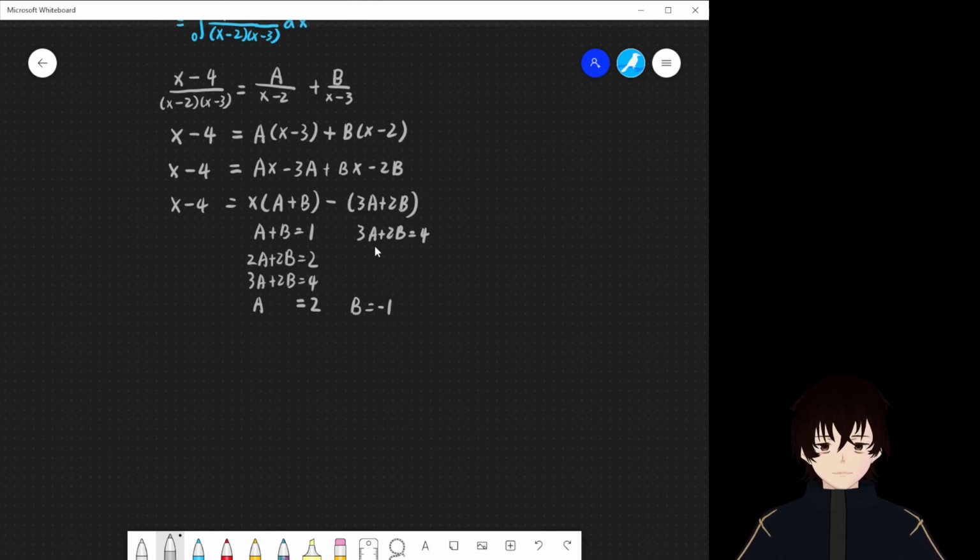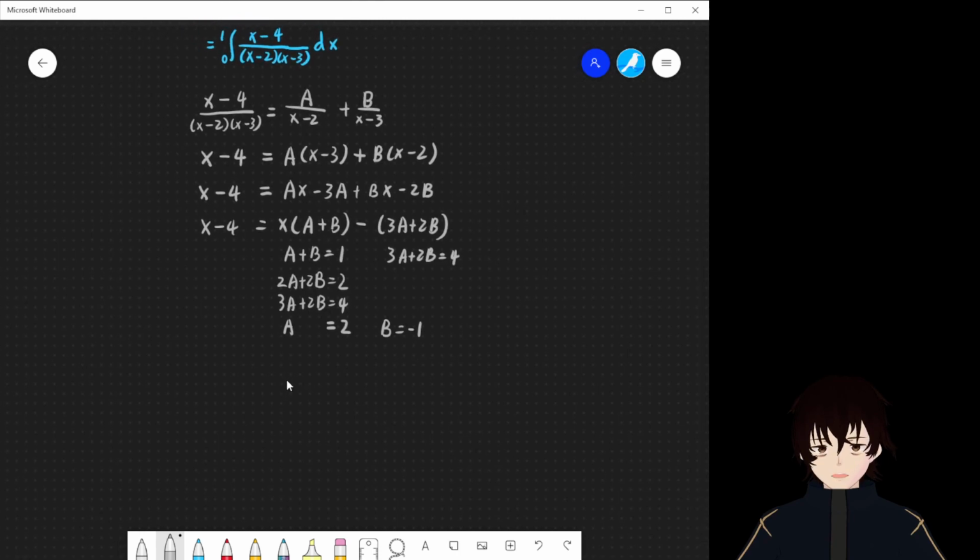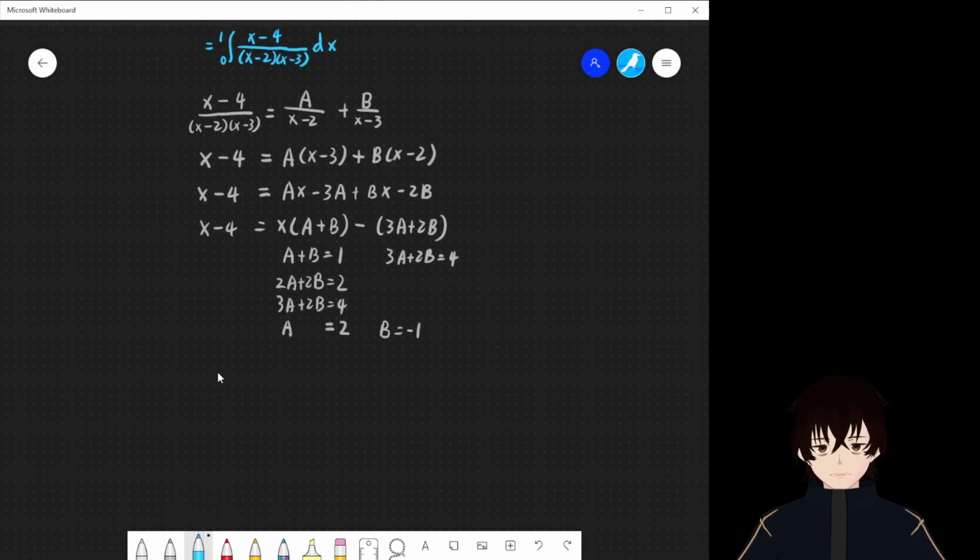Let's see. Yeah, 6 minus 2 would be 4. That's great. So now we can rewrite our integral: the integral from 0 to 1 of 2 over x minus 2 plus negative 1 over x minus 3 dx.